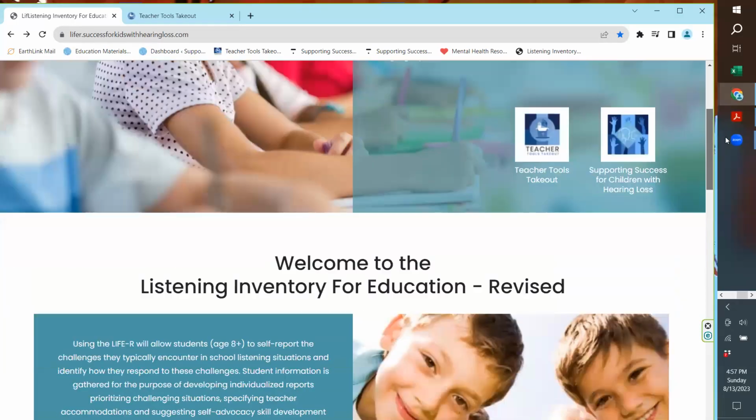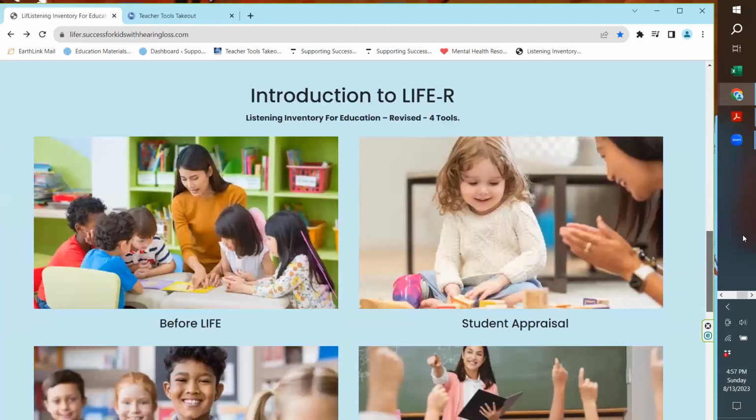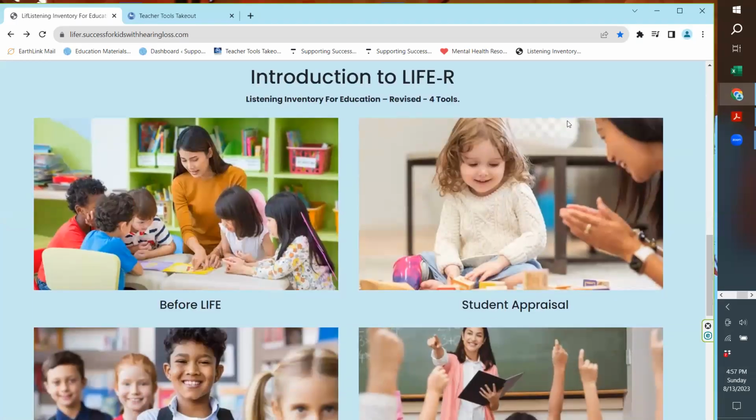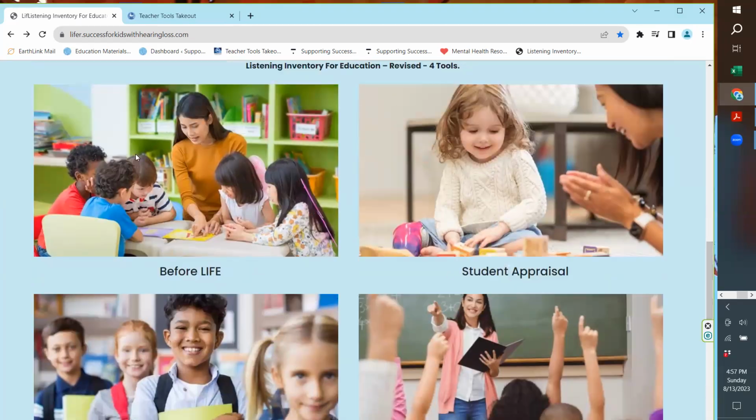And I wanted to point out to you that lower on the page, it makes it clear that the LifeR has 4 tools. There's the Before Life, which is a get set, where we ask the student to be the expert about where he sits and what's going on in his classroom. There's the student appraisal that has 15 questions that are asked of the student.